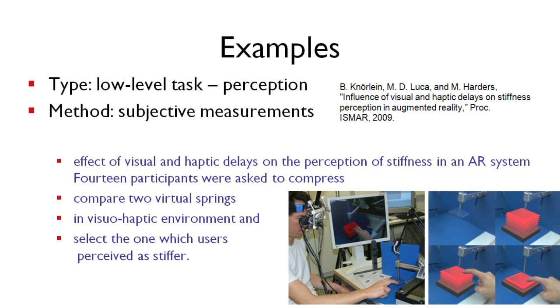So they had a setup with a force feedback device, I think a Phantom, and some different visualizations of a virtual spring. And the task for the user was to judge basically the stiffness of the spring.